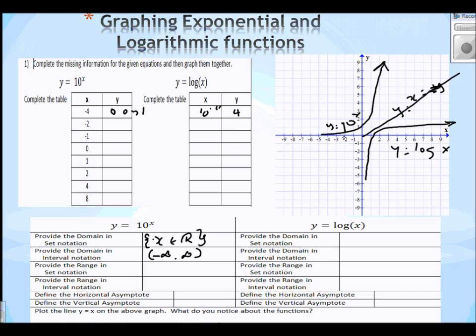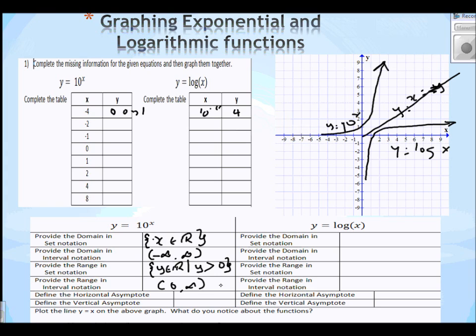As x approaches negative infinity, the curve approaches it, so the graph doesn't take on the value 0 at all. Our range in set form would be y belongs to R such that y is greater than 0. In interval notation, open interval 0 to infinity.